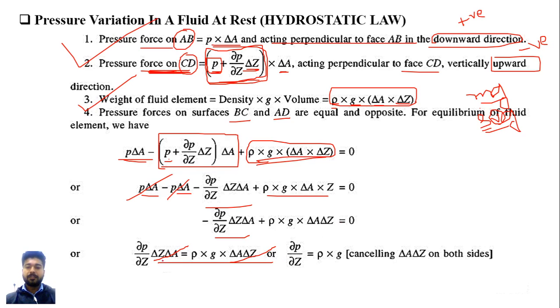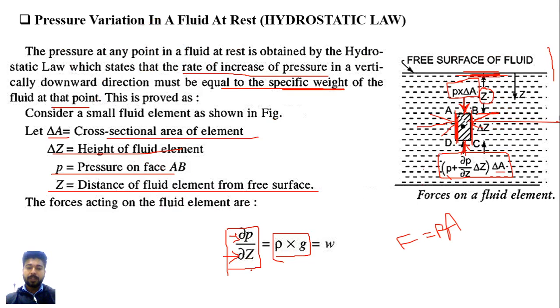After the cancellation of delta Z and delta A, the only remaining term is del P upon del Z, which equals rho into g. This rho into g is our specific weight, or weight density. So we have proved that del P upon del Z equals rho into g.